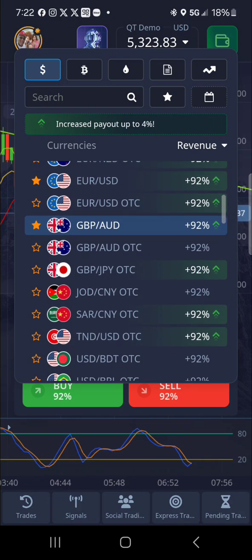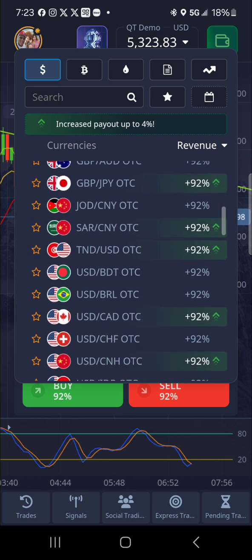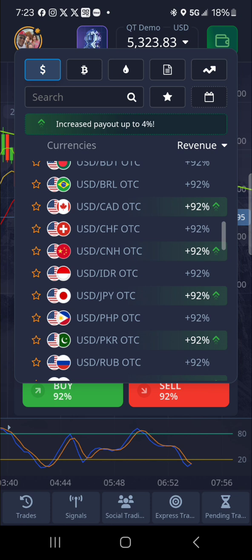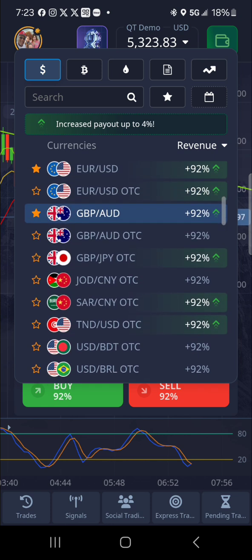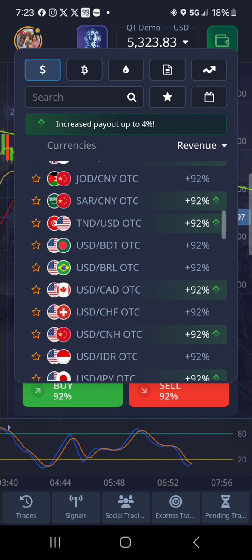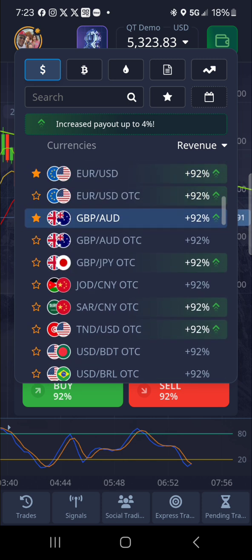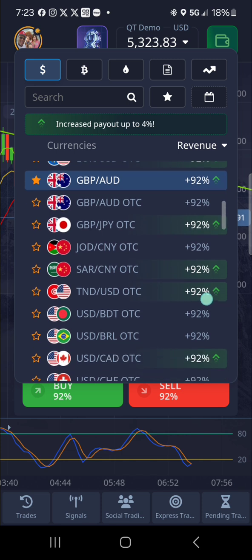But in the real mode, these same pairs in most cases are lower than the percentage they give out here. So just keep in mind that you're not going to make as much money in your real account as in your demo account, because they do beef up the payout numbers in the demo account.